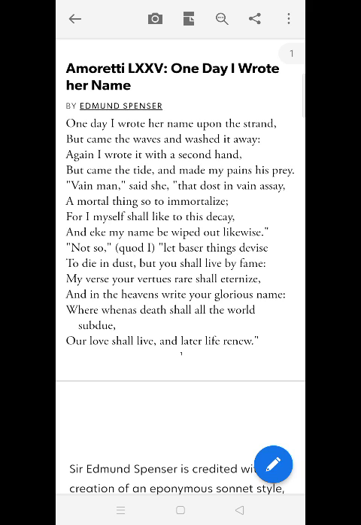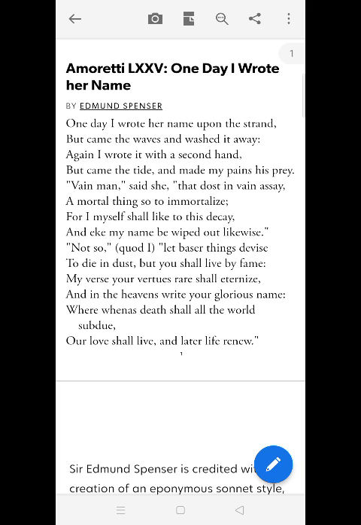If we talk about the line when he says "death shall all the world subdue," we find here that the poet is making use of personification by personifying death.